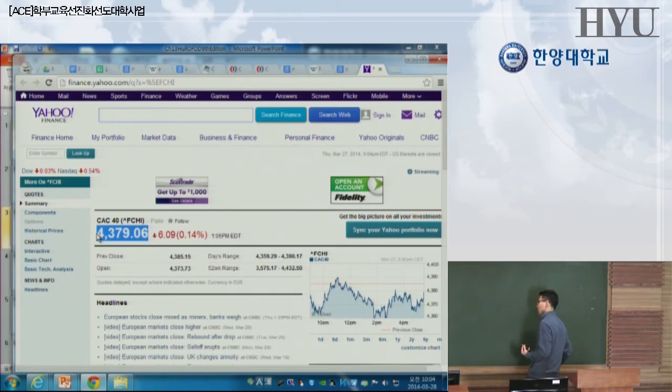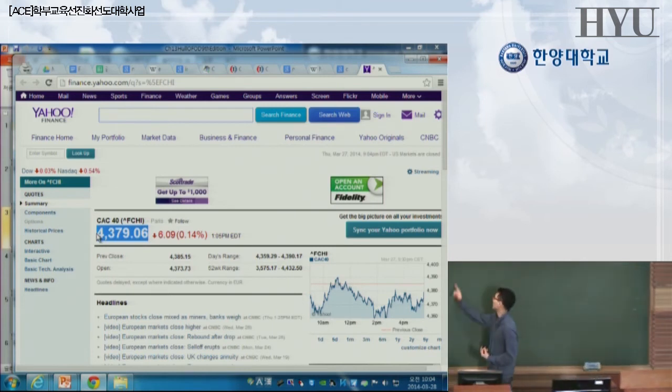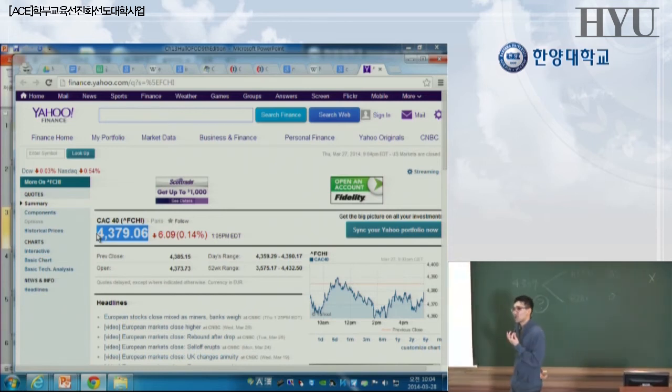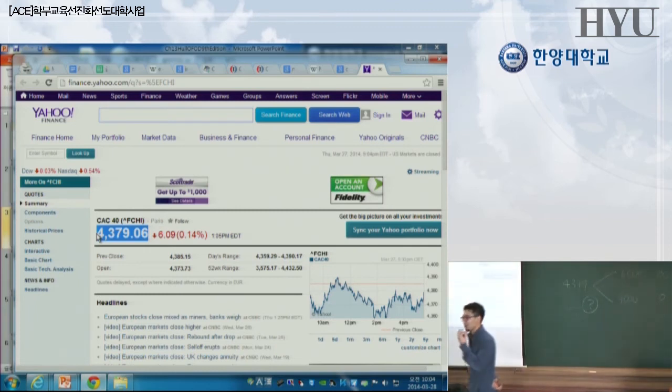I told you we need two ingredients to make this pizza. So our question is, what is the value of the contract that pays $100? First, let's invest X dollars in the stock market. If we invest X dollars, actually it's French, X euros, right? Okay, let's say it's X euros.